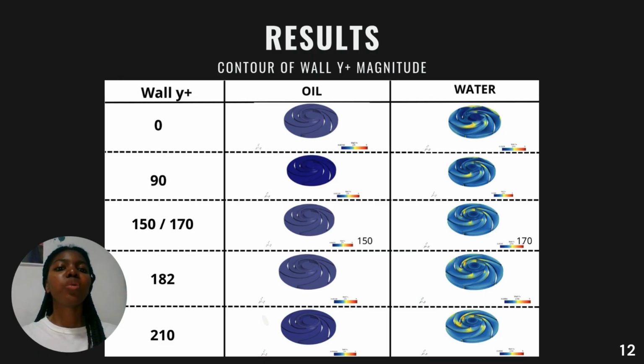It means our model accurately resolved the thin boundary layer, which is important for reliably predicting friction losses and pump efficiency. We also saw the expected trends. Y plus increased with flow rate due to higher shear stress, and it was lower for the more viscous oil, which confirmed our CFD setup correctly responded to the physics of different fluids.